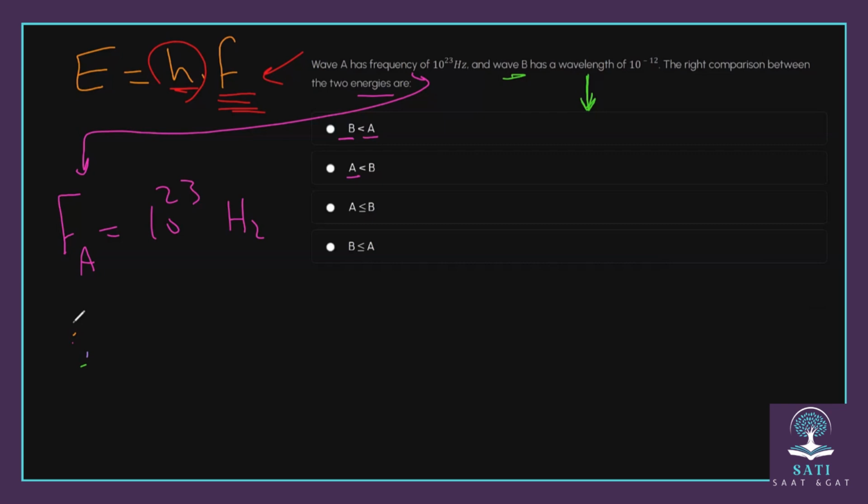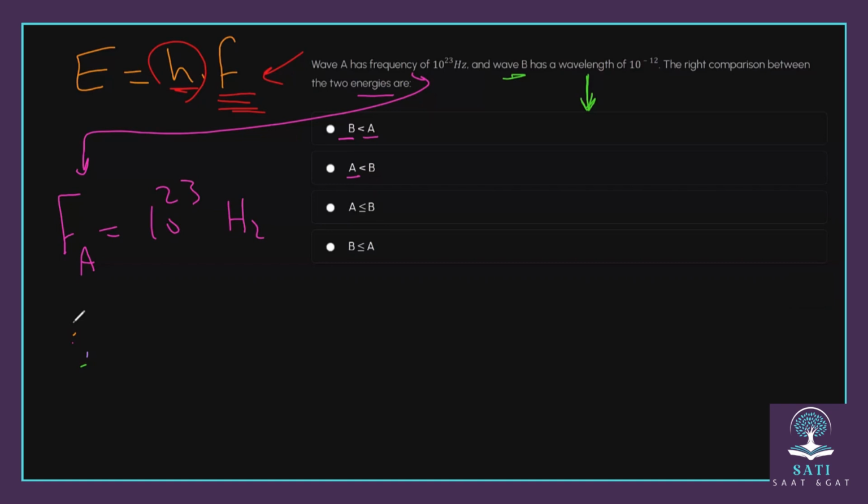How can we find the frequency from the wavelength? If we go back to the question, wave A has a frequency of, and wave B has a wavelength of. So these waves in general, even if it's not mentioned in the question, are electromagnetic waves.